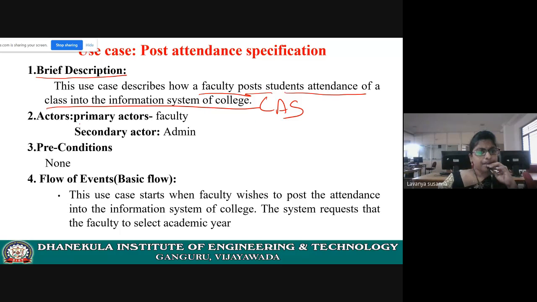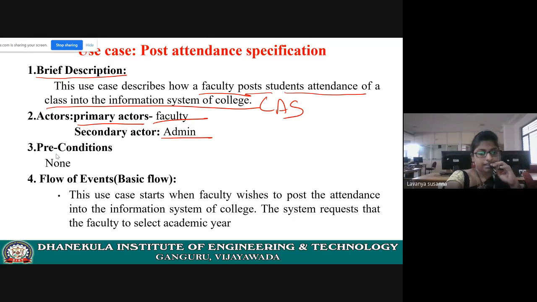Next, who are the primary actors? Who is posting the attendance? Don't write student. Student will not post the attendance, right? Student can view the attendance. Here, the primary actor is faculty. Faculty can post the attendance, right? Who is the secondary actor? Admin. Next, preconditions. See, there are no preconditions.